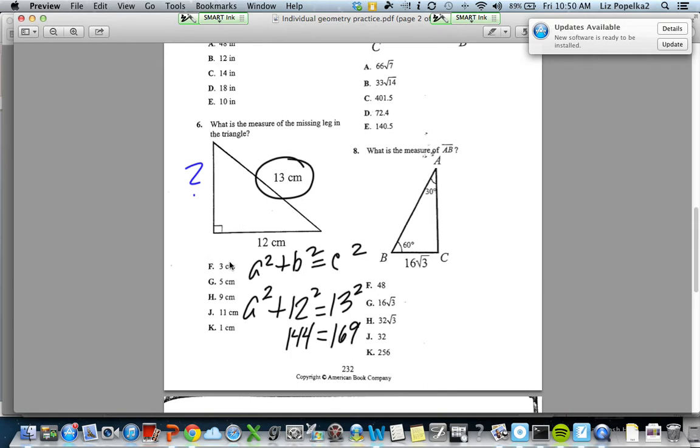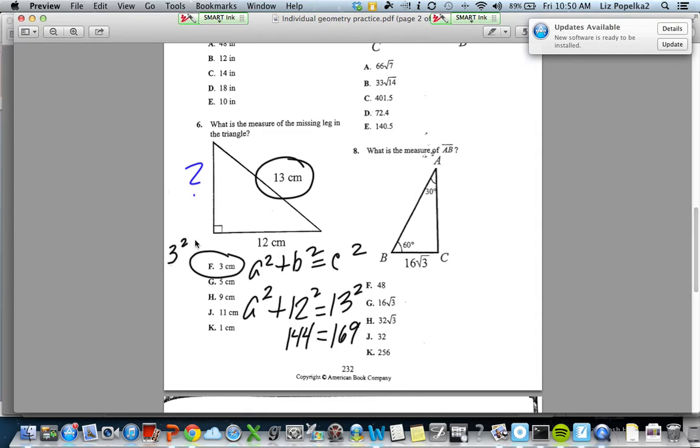So I'm going to take the answer choices given in the problem and see if any of these to the second power added to 144 is going to give me 169. So if I put 3 to the second power in my calculator, that gives me 9. 9 plus 144 is not 169.